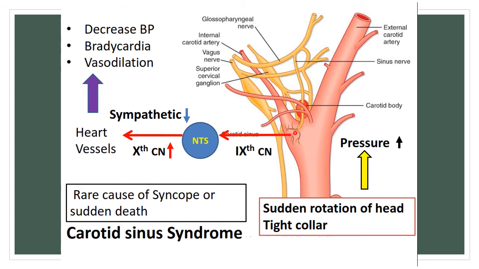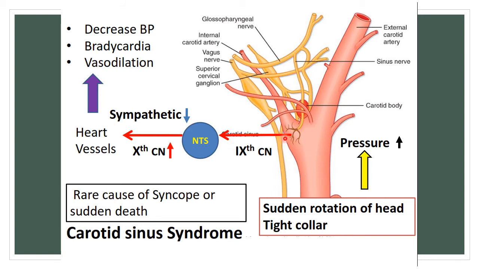So stimulation of this carotid sinus produces a reflex fall of blood pressure and slowing of the heart rate. Just remember, carotid sinus is receiving nerve supply from 10th cranial nerve, 9th cranial nerve, and also from the sympathetic.